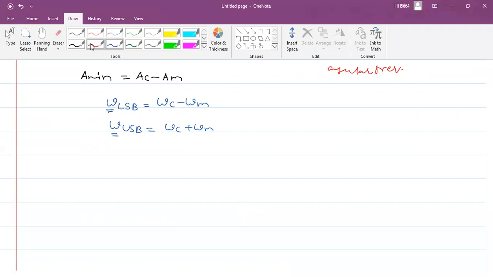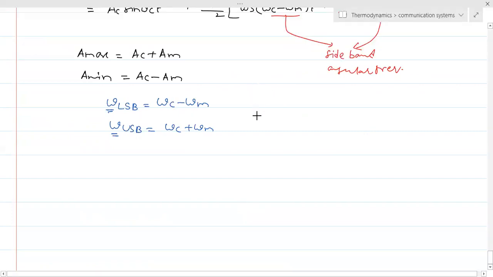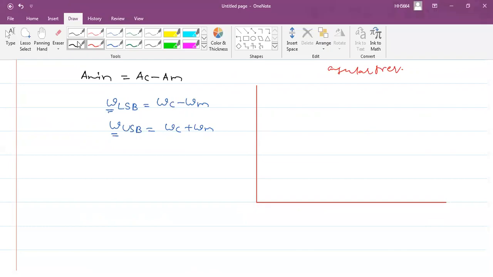So now we are taking a graph for this. Okay, this graph is very important.